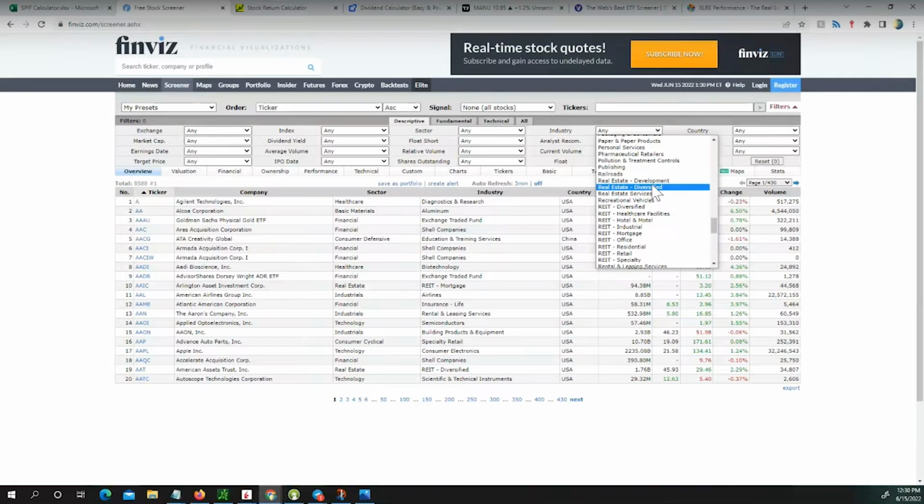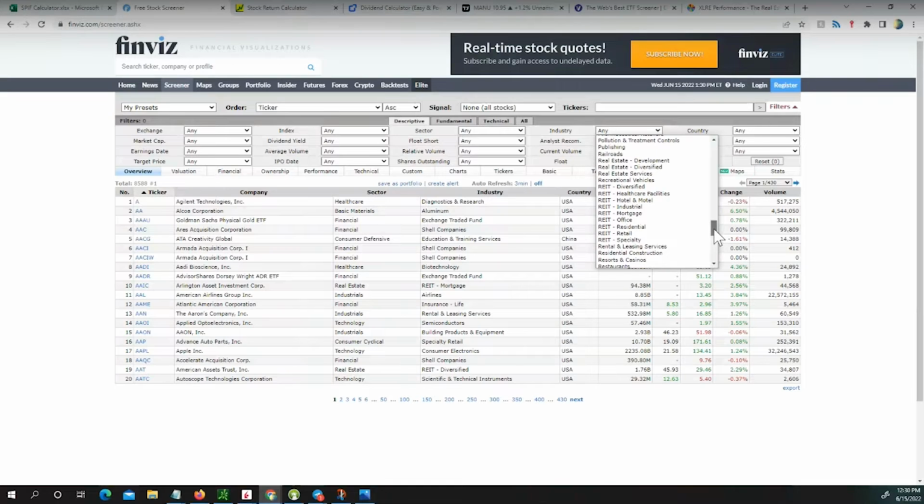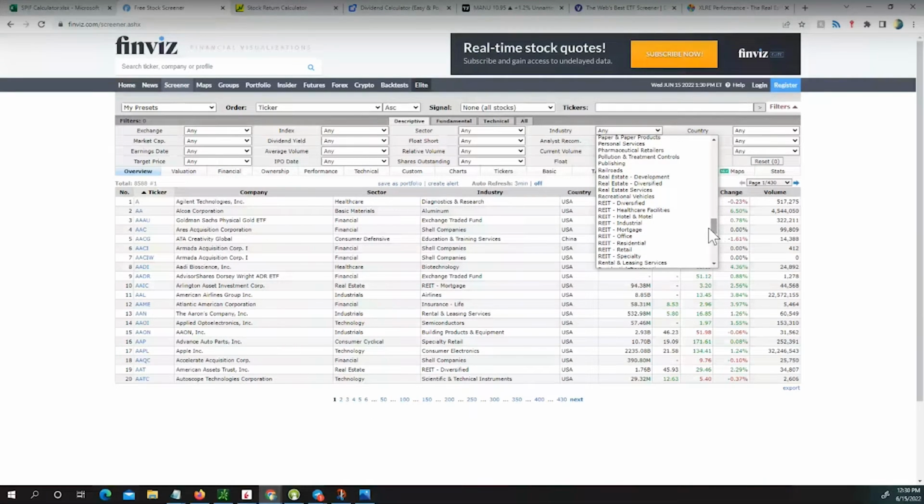So there are different versions of real estate. So you can see there is real estate development, real estate diversified, real estate services, real estate residential, real estate REITs, real estate leasing, residential and construction, and the likes. So what you want to do here is pick an industry that you're interested in real estate.